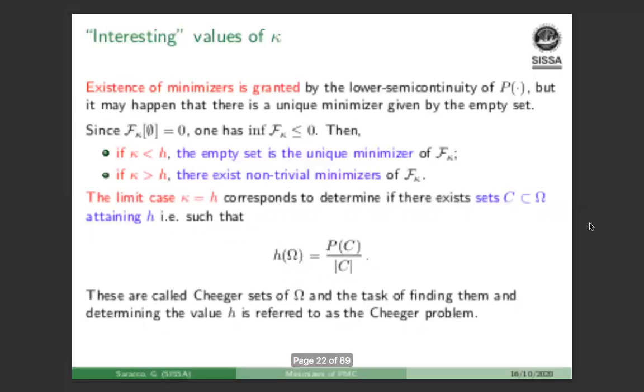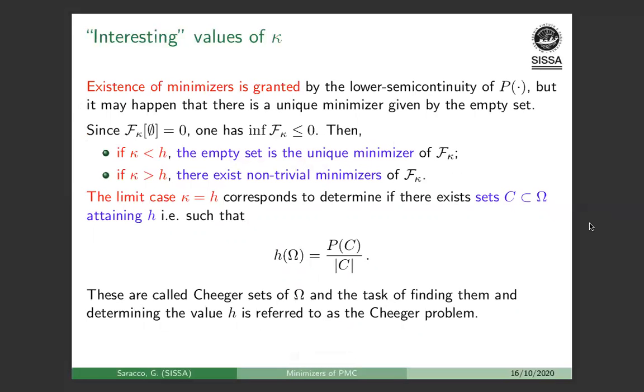And then there is the limit case, kappa equal to h, where the two cases glue together, and you have at the same time the empty set and non-trivial sets which minimize the functional. The non-trivial sets are called Cheeger sets, and are those sets C which attain the Cheeger constant, so those sets C such that the Cheeger constant of omega is equal to the perimeter of C divided by the volume of C.